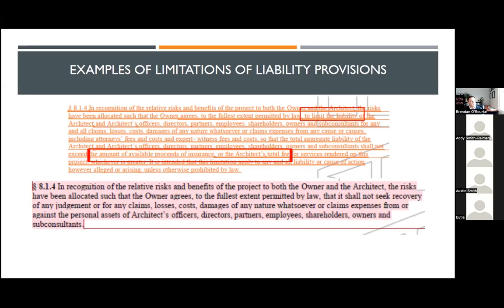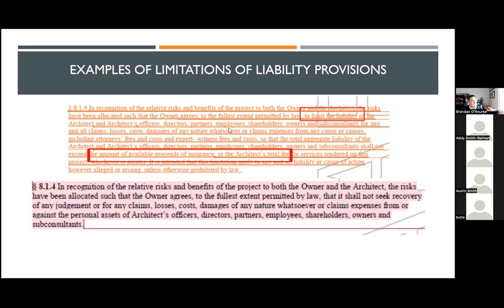Another example: if we were unable to get the available proceeds of insurance language or total fee, we limited the risk by having the owner and architect agree that the owner would not seek recovery against any of the architect's officers, directors, partners, owners, etc.